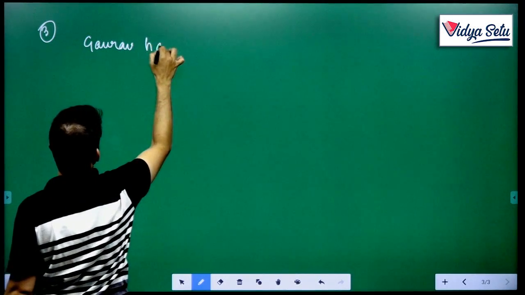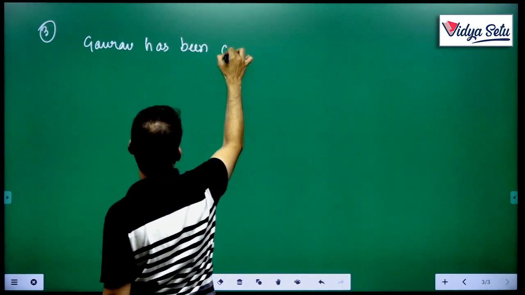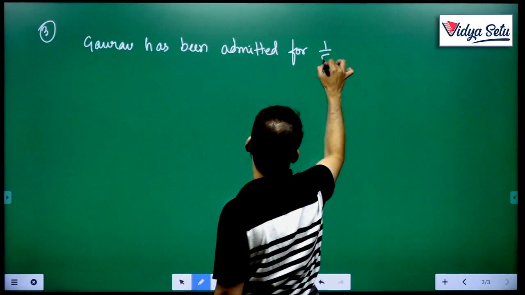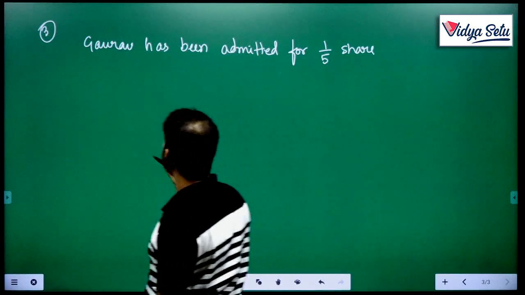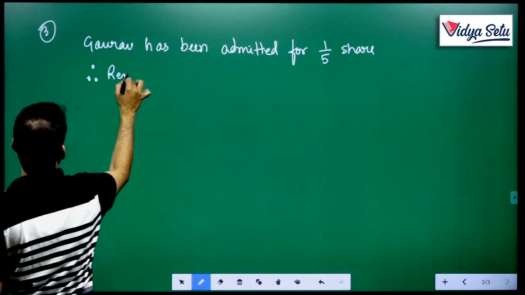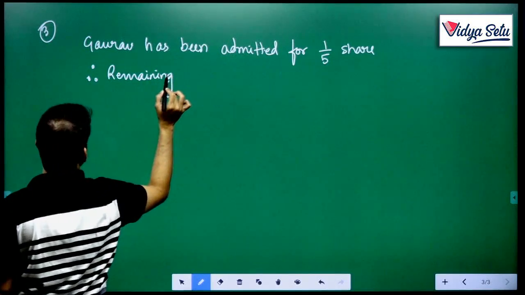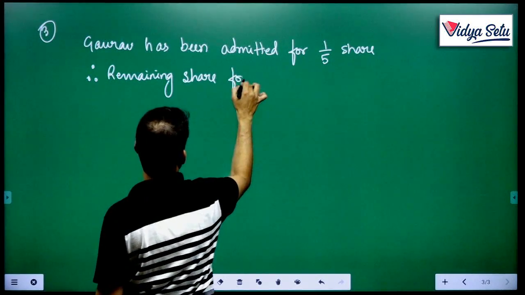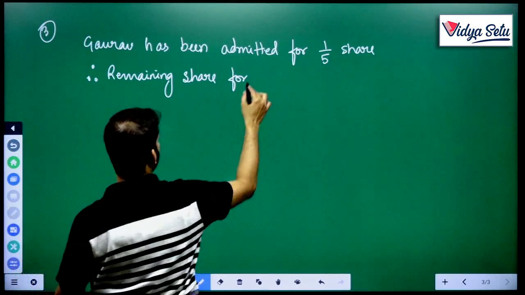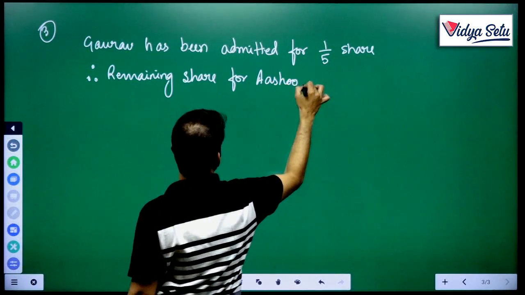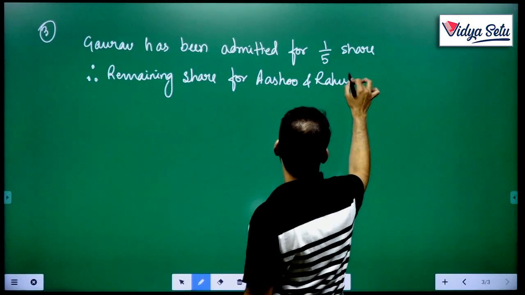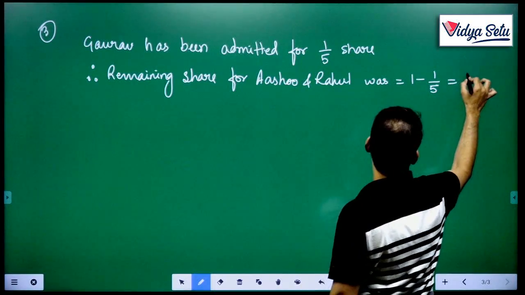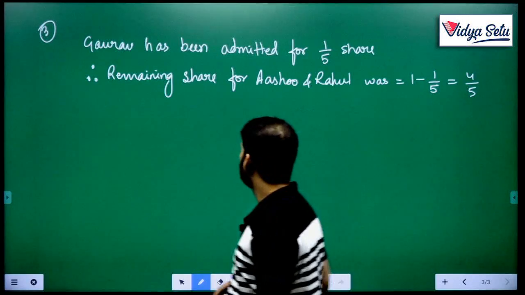Gaurav has been admitted for 1/5 share. Therefore, the remaining share for Ashu and Rahul was 1 minus 1/5, that means 4/5.